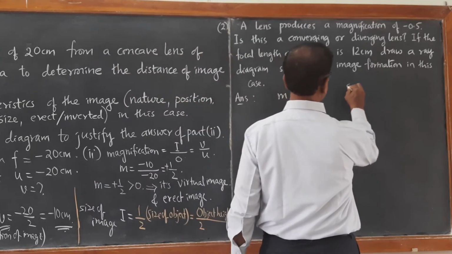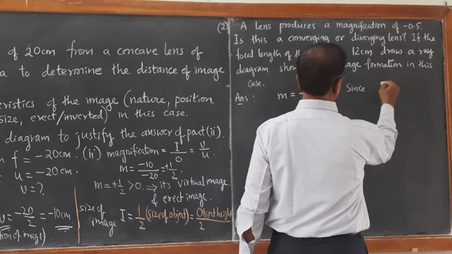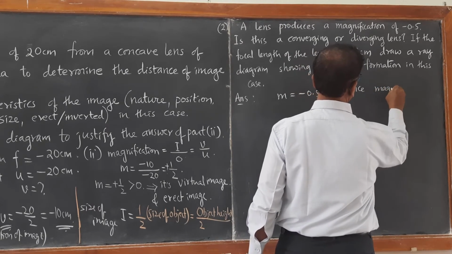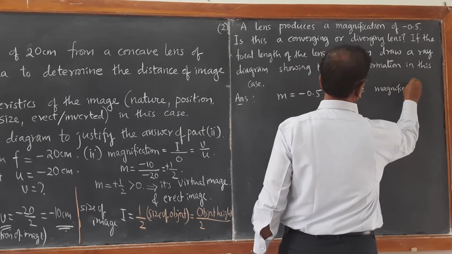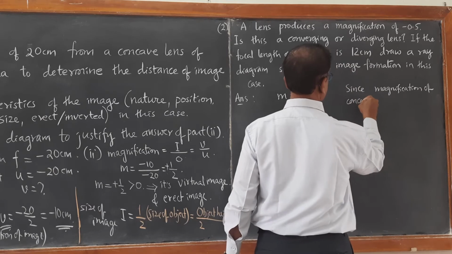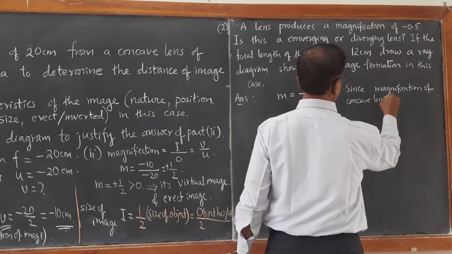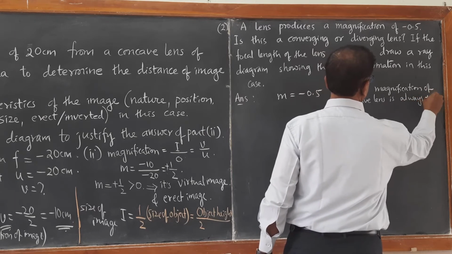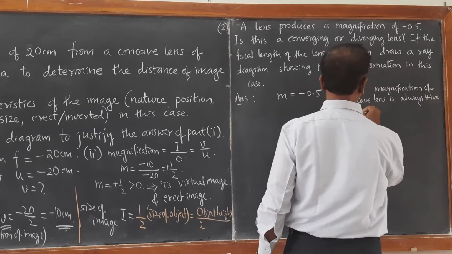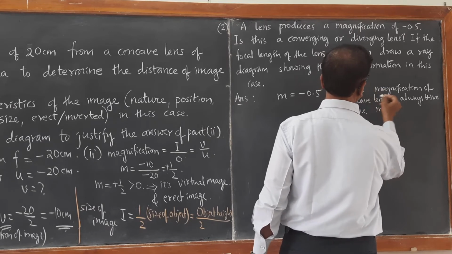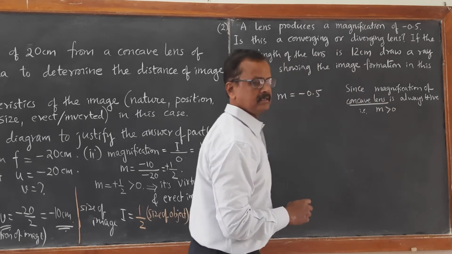So since magnification of concave lens is always positive, that is M is greater than 0 for concave lens.